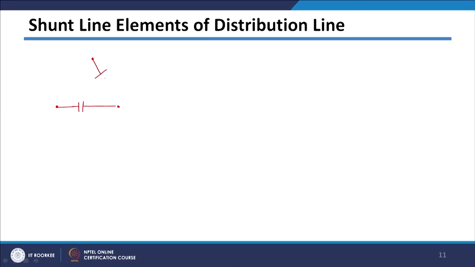We have already seen how to get this capacitance CABC matrix, which is a 3 by 3 matrix. So, it will be like this. Suppose this is conductor A, this is B, and this is C. So, this will be jBAB by 2, because half we connect at the sending end, half at the receiving end.